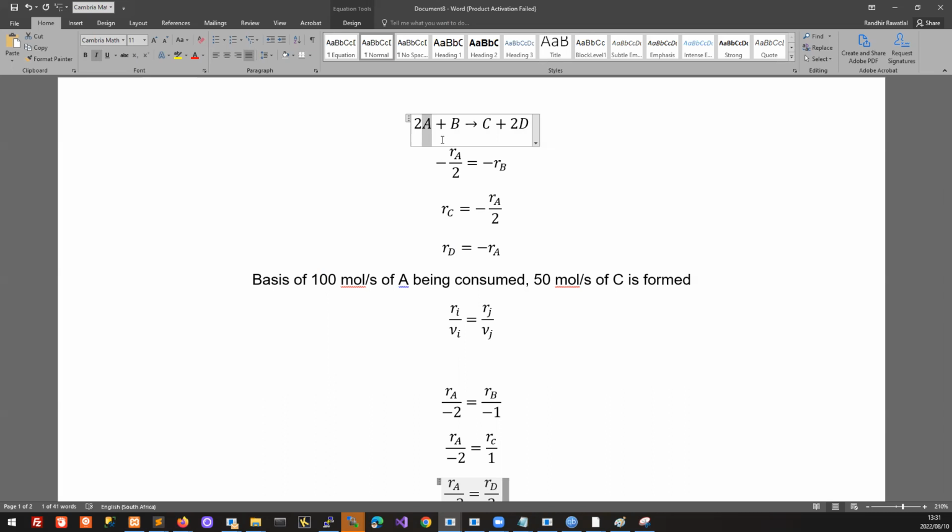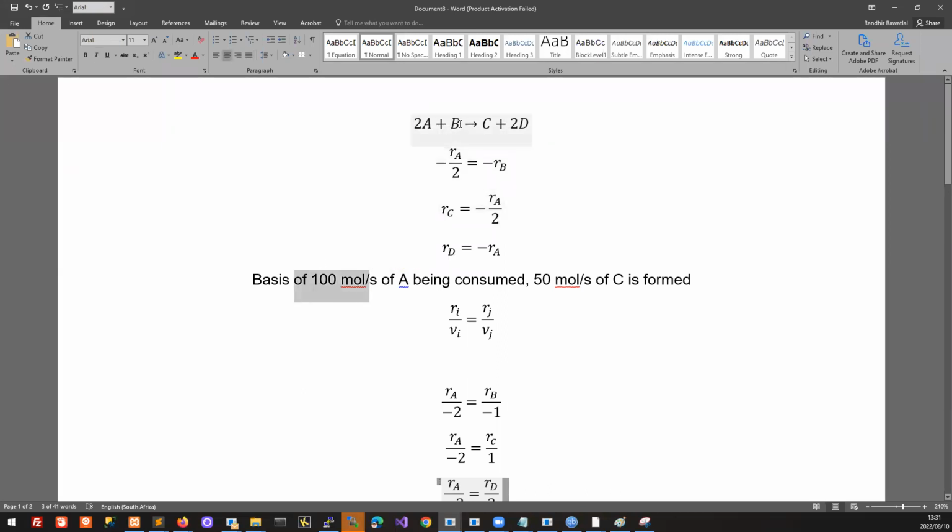And it's quite important to keep in mind that you always have to reference that component correctly, because you can see that the different species react or are converted by different amounts in terms of their absolute number of moles.